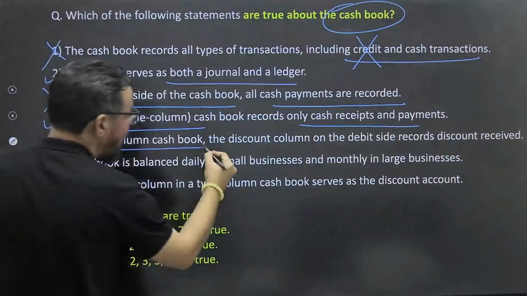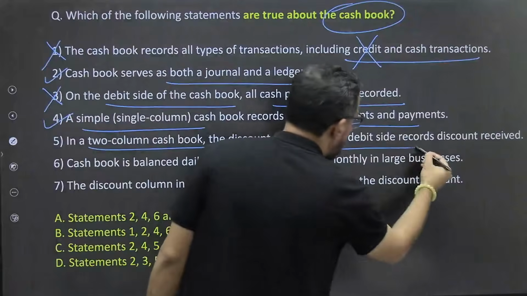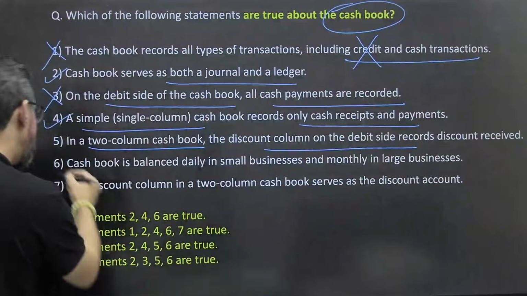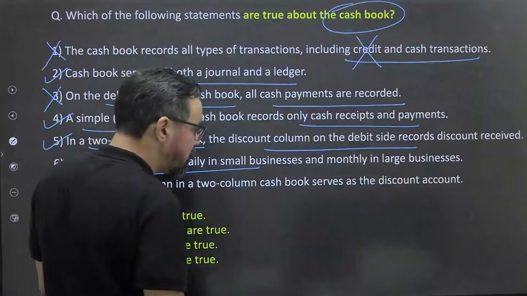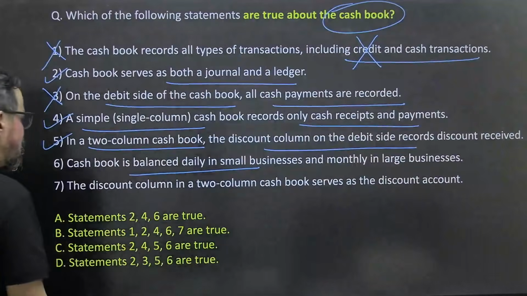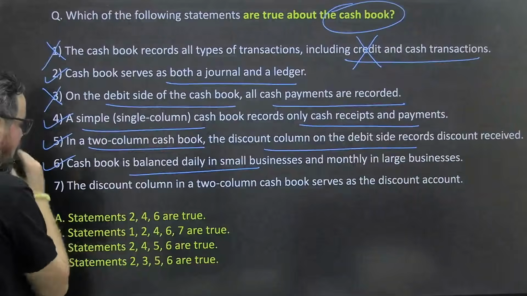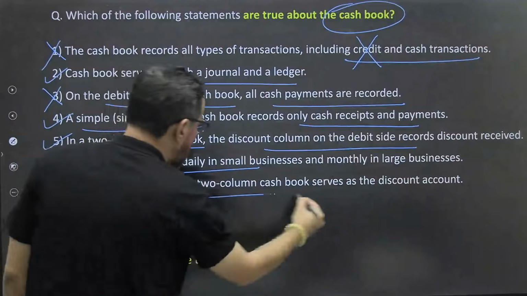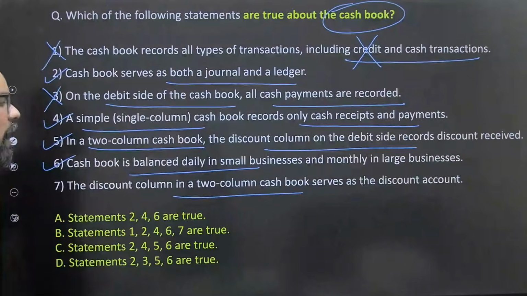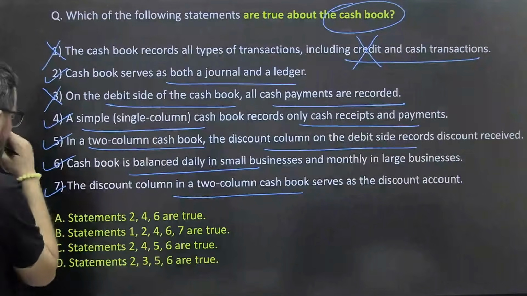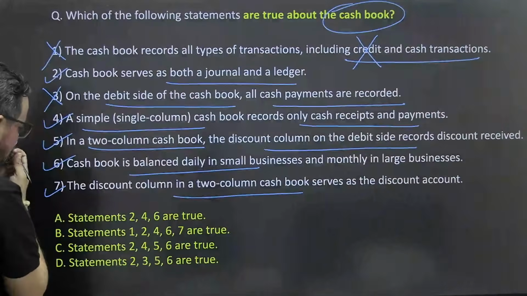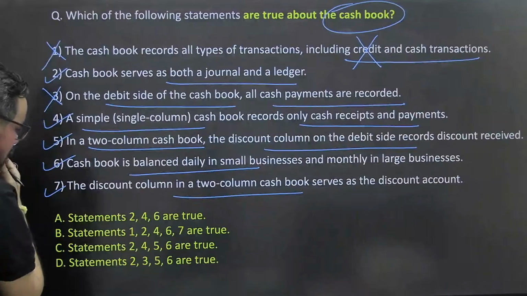In a two column cash book, the discount column on the debit side records discount received. True. The cash book is balanced daily in a small business and monthly in a large business. You can say this again. The discount column in a two column cash book serves as a discount account. This is also correct. Okay? So 2, 4, 5, 6. Do we have this?